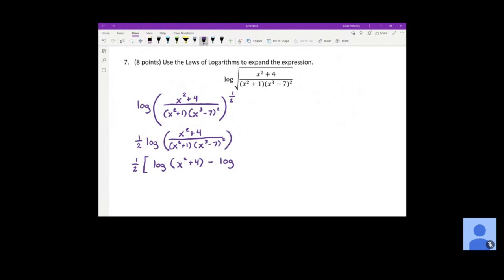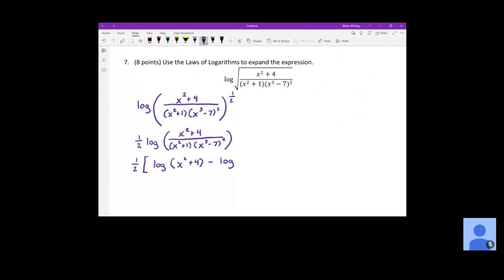Remember, the subtraction here was what was division. So what am I dividing by? Okay, good.